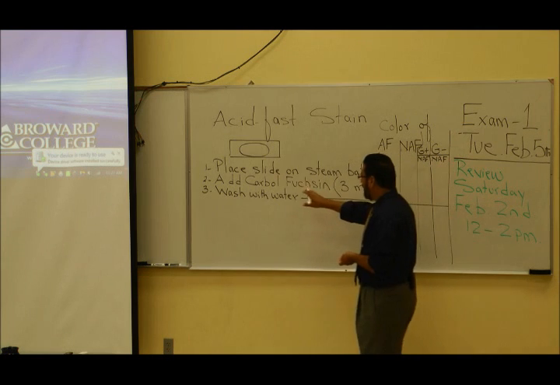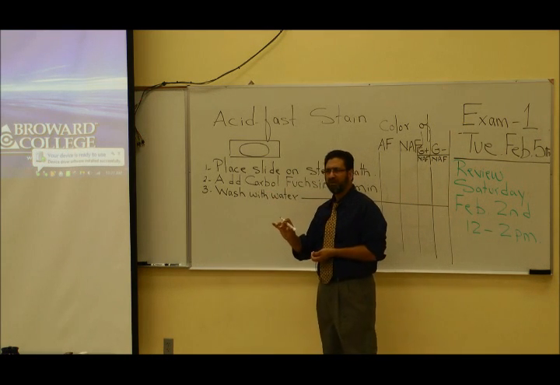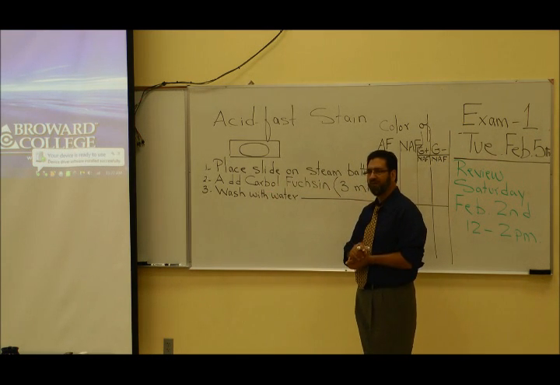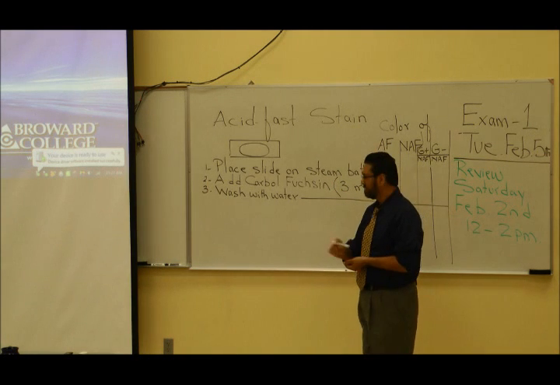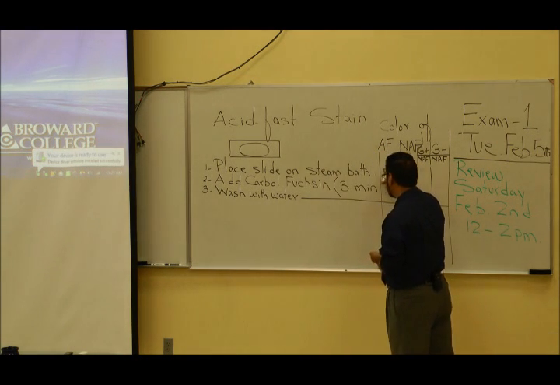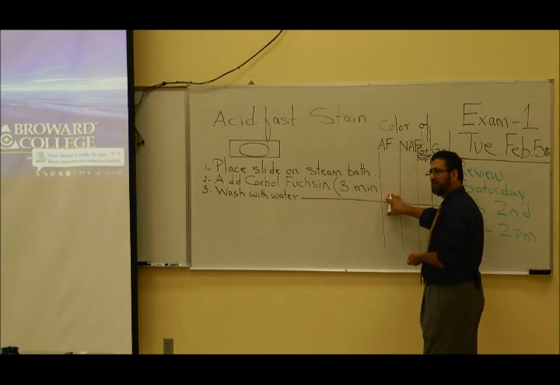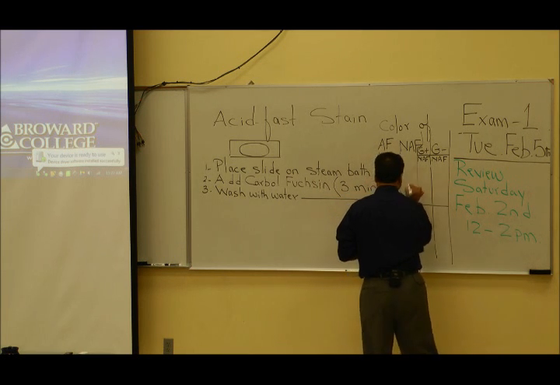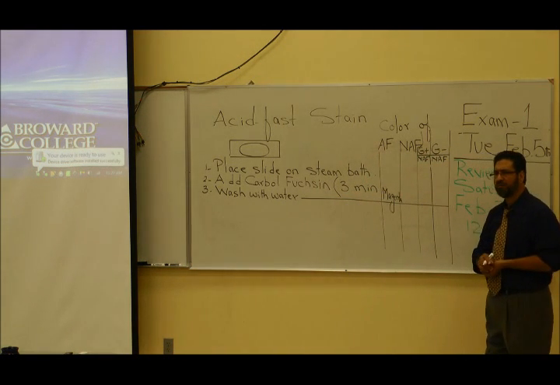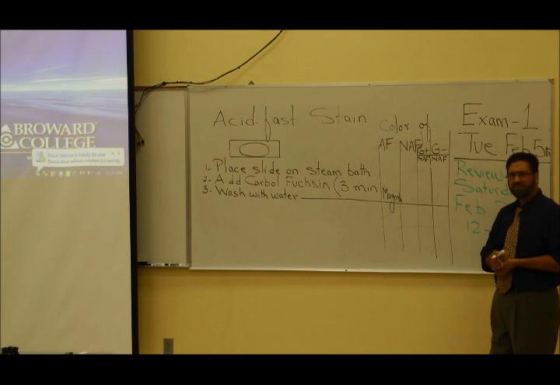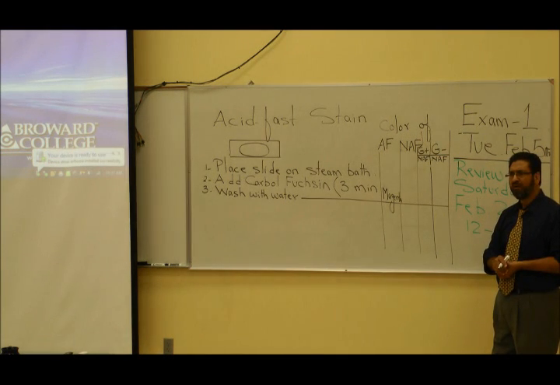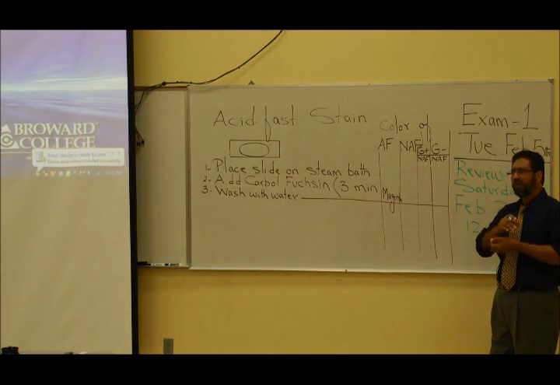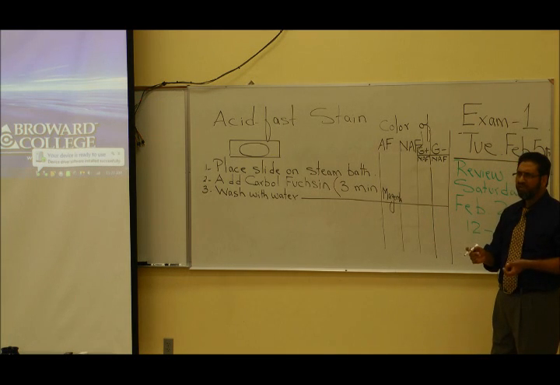Oh, by the way, carbol fuchsin is magenta, a beautiful purplish red color. What's the color of non-acid fast? Remember, how many stains have we put so far? Only one. So everything is magenta.